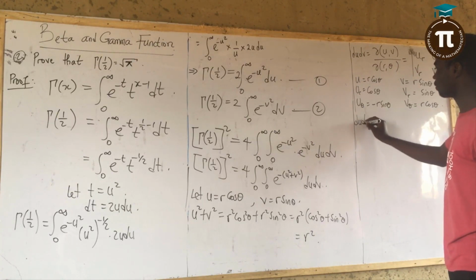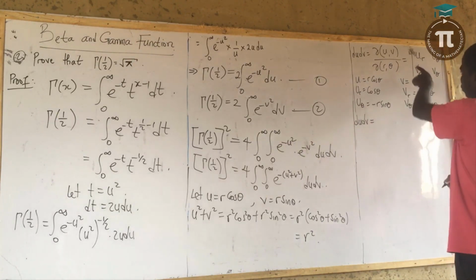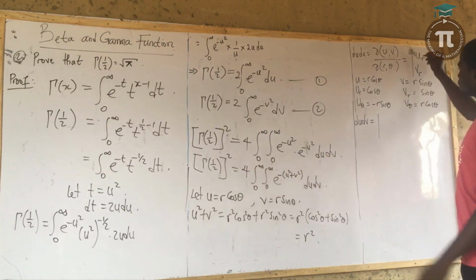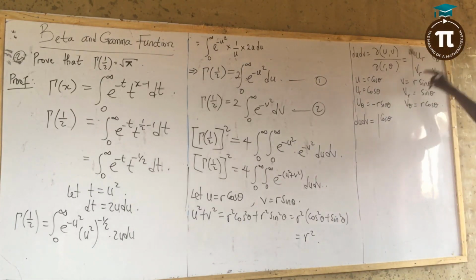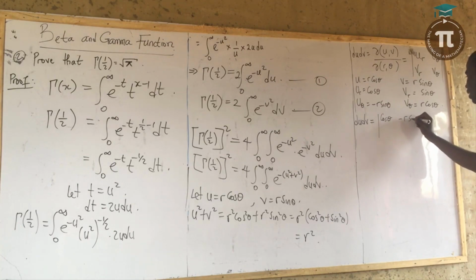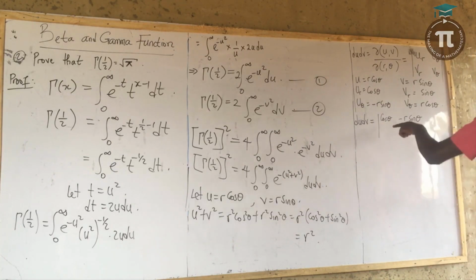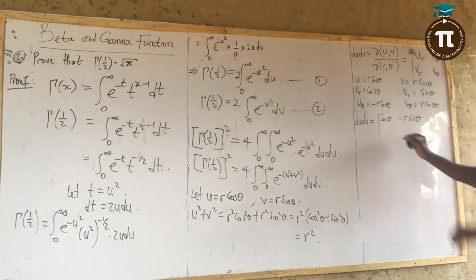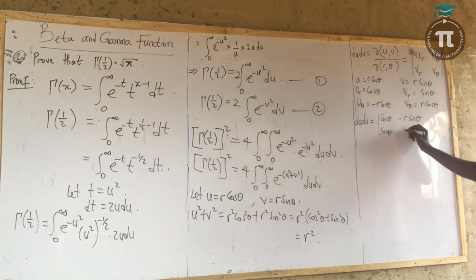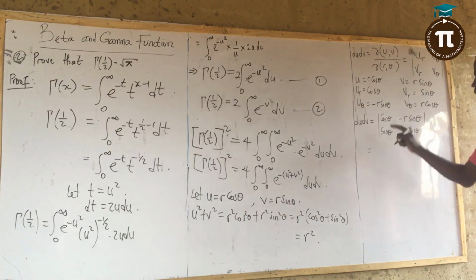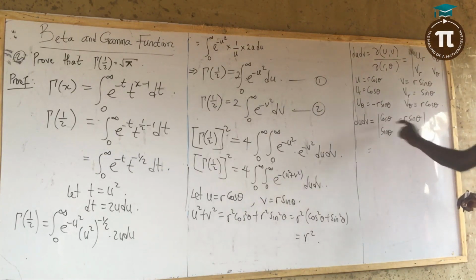So that means du dv is equal to the determinant with u r as cos theta, u theta as minus r sine theta, v r as sine theta, and v theta as r cos theta.